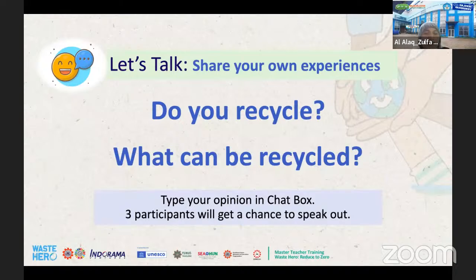And about myself at home, I try to make recycled products from papers, because as teachers we have a lot of used papers. We already have scrap paper, but there's still a lot of extra paper.